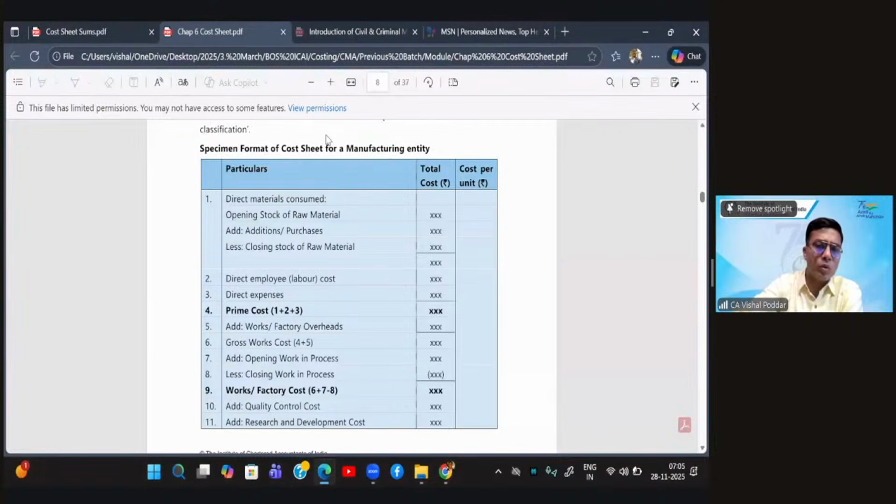The flow is designed by visualization of the process through which the raw material will ultimately reach the customer. If you keep this logic in mind, remembering the format of the cost sheet is very simple.